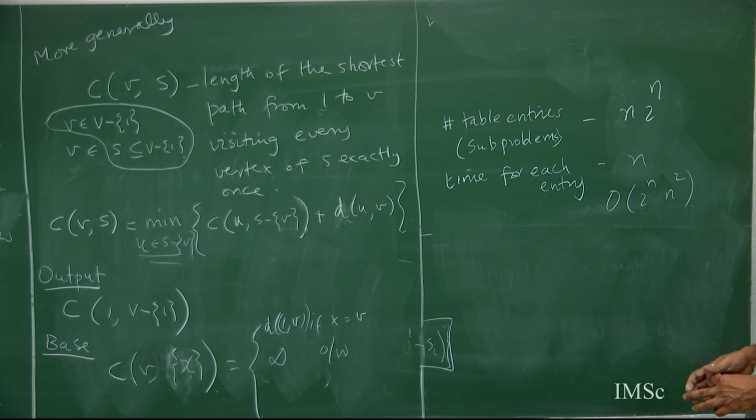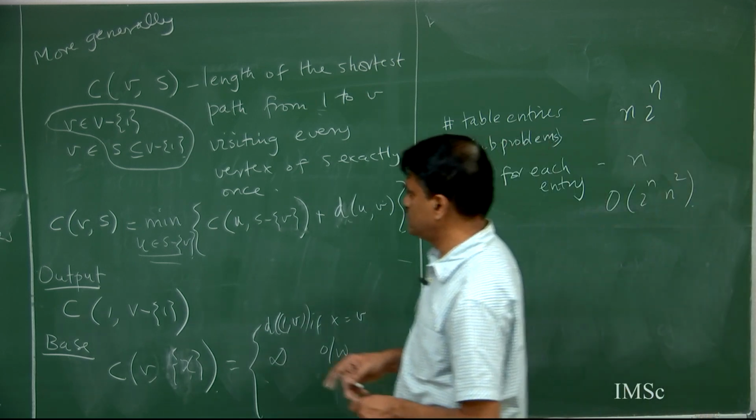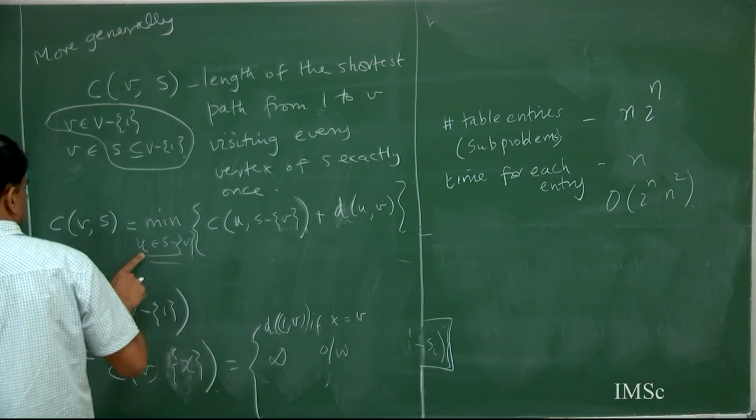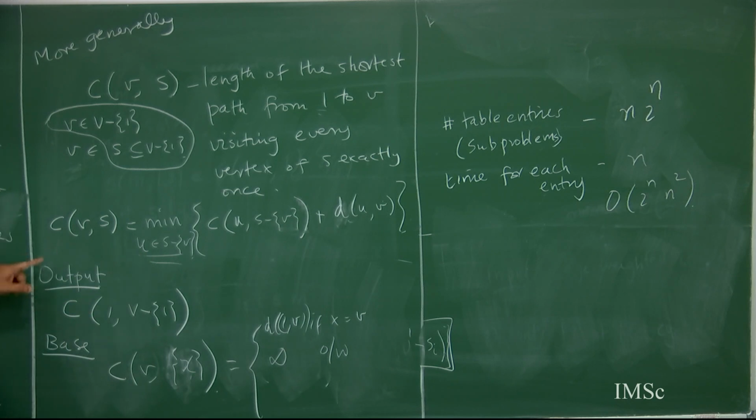Yeah, and as always, if I really want to find the cycle, then you remember this u which minimizes it. So, then it tells you, you want to end at v, what is the one vertex before that, and then C u, S minus v. So, for every pair, you remember the u that minimizes it, right. So, ultimately I want 1, V minus 1.